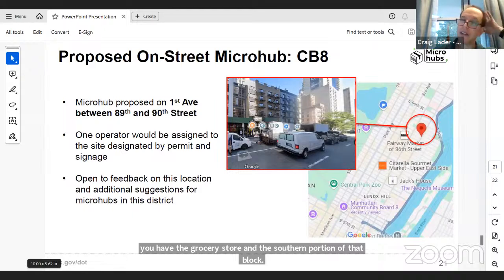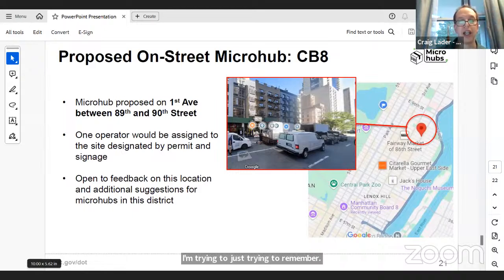So what I want to understand is, are there going to be multiple operators that can be permitted to use that space, or is it going to be dedicated? Is each micro hub going to be specifically dedicated to one company? Yeah, great question.